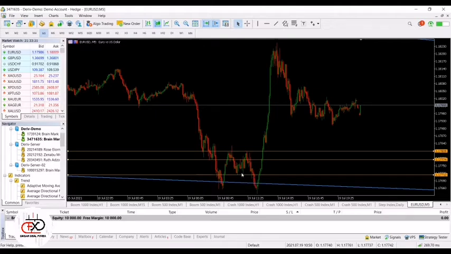Then where is the market positioned and what are the possible expectations? Now remember, this is a smaller time frame. Somebody would probably have enjoyed this sell, and somebody would have enjoyed this buy. So it is based on your style of trading and what you are looking for that matters.